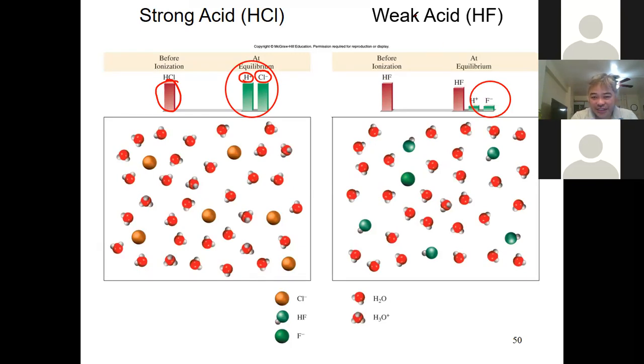But the major species in the solution is still what? Ano yung major species ng weak acid? Yung weak acid pa rin. Kasi hindi lahat nag-dissociate. Only a small amount dissociates. Is that clear?